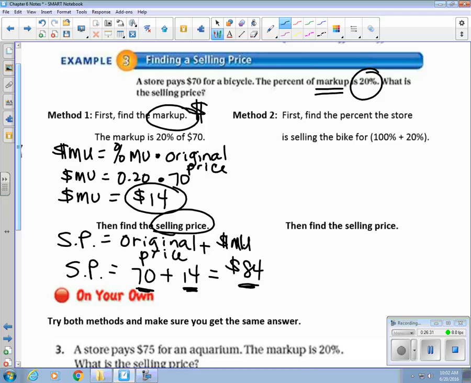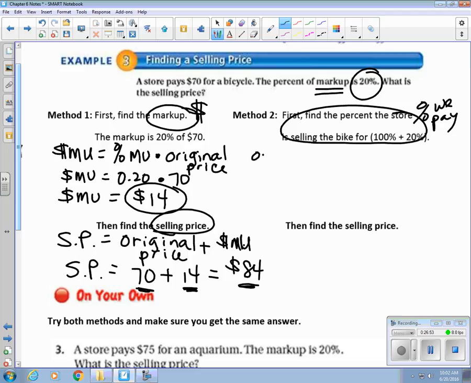The second method is kind of like with discount, where it's the percent we pay type of problem. So find the percent that the store is selling the bike for. This whole thing right here is still the percent we pay. So we can think of it in the same way.